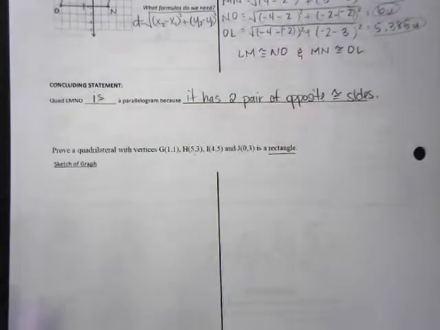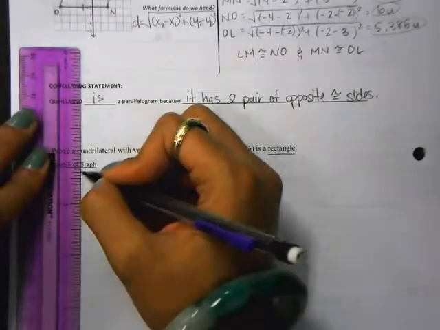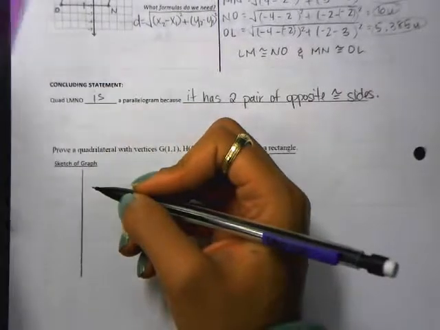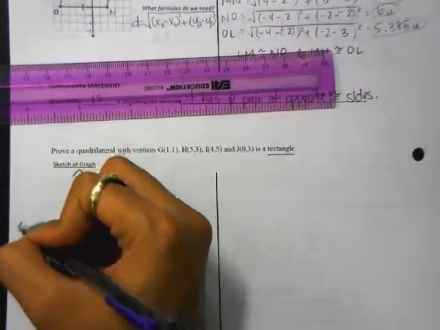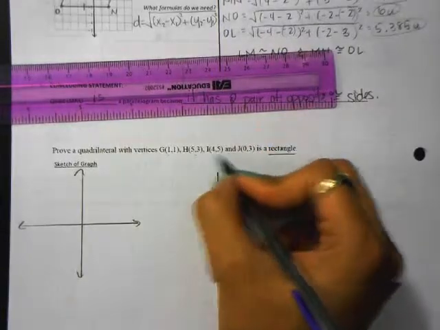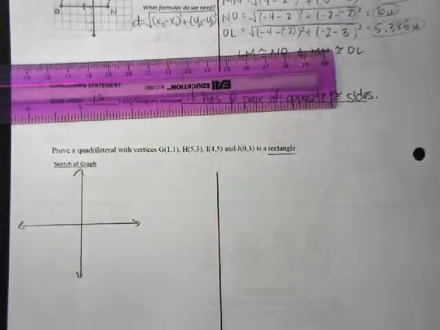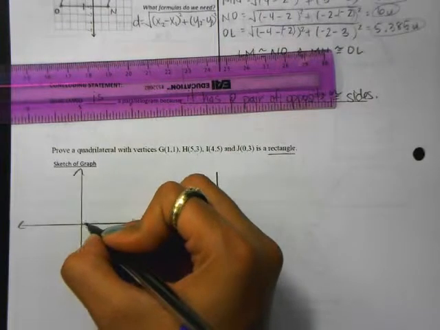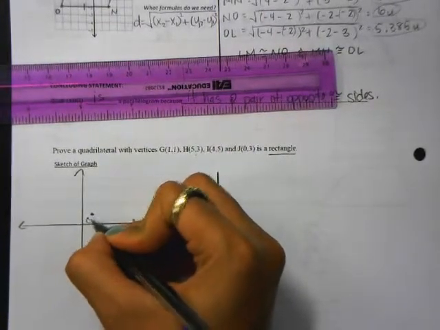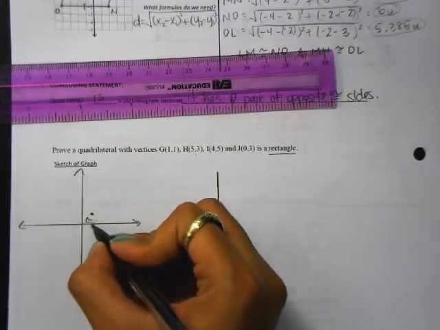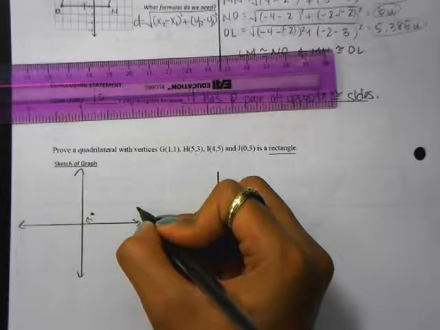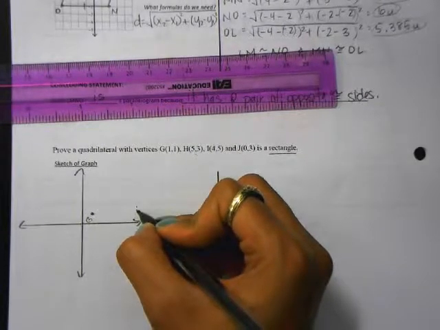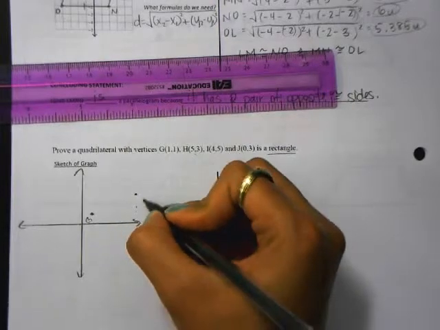The first one, G, is about at (1, 1), so I'm going to guess it goes about right there. H goes at (5, 3). I is about (4, 5). And J is at (0, 3).